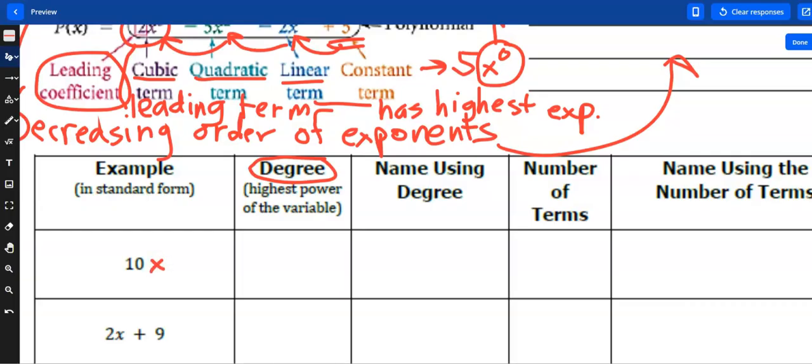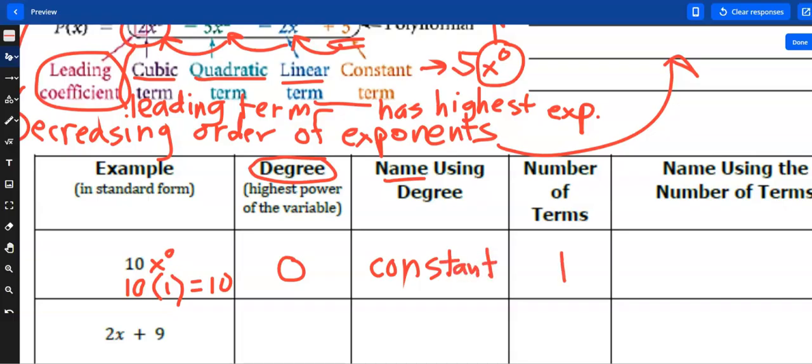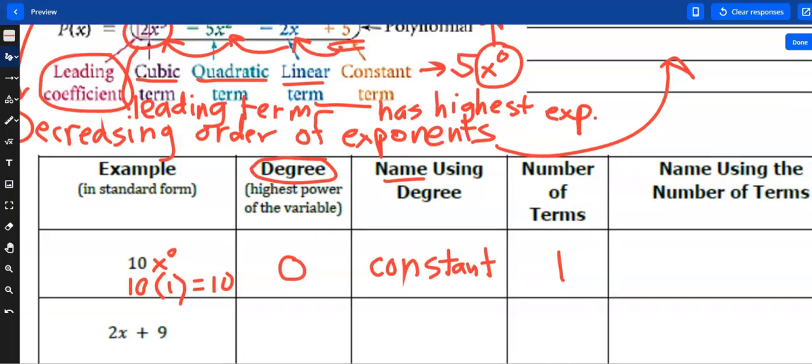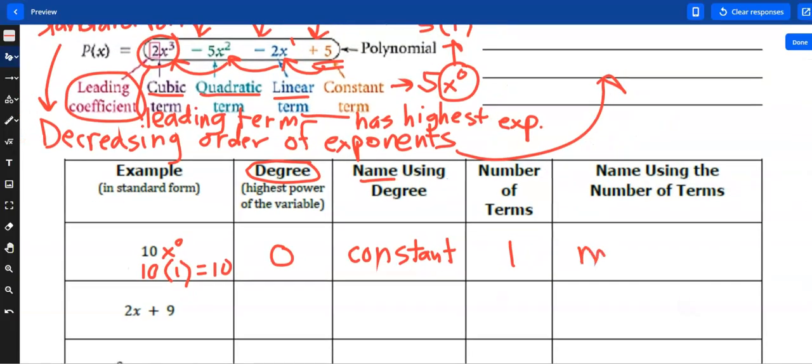Remember, we just talked about how this would be the same thing as x to the 0, because that's really 10 times 1, which is 10. So this is a degree 0 polynomial. And the name that we use for that is constant. Number of terms, that's obviously 1. And then the name we use for that is monomial.